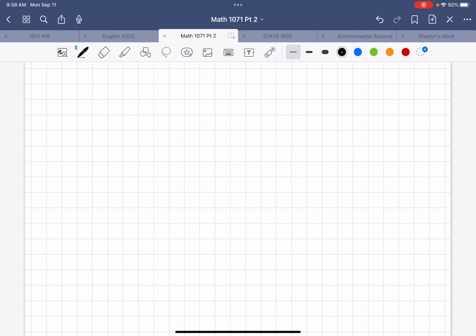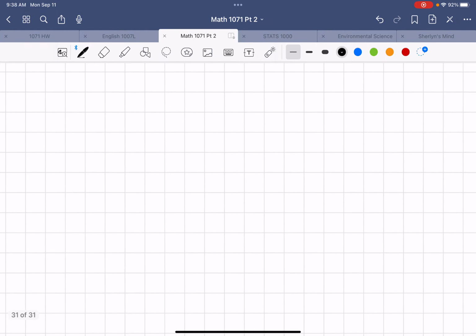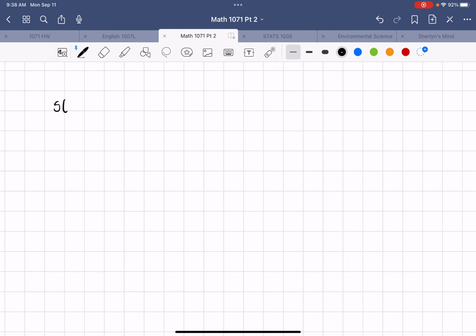So again, s of t is 16t squared. And I want to say find the instantaneous speed, not just at t equals 3 or t equals 4, but at any time t.